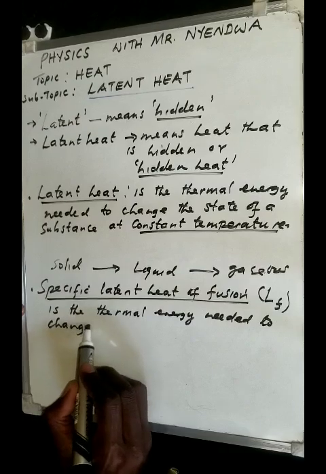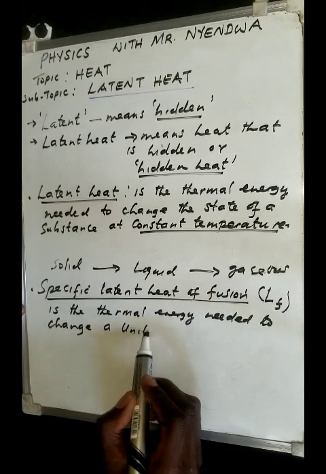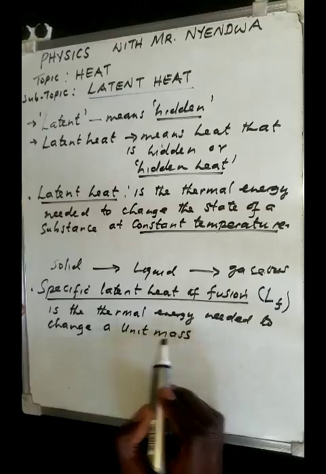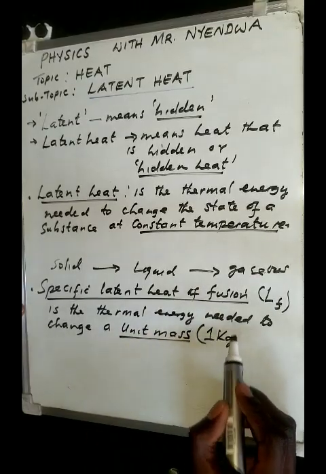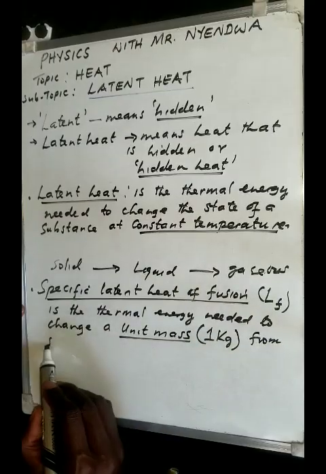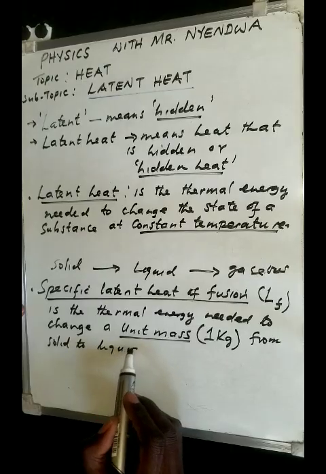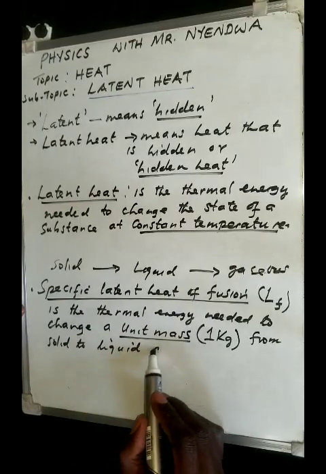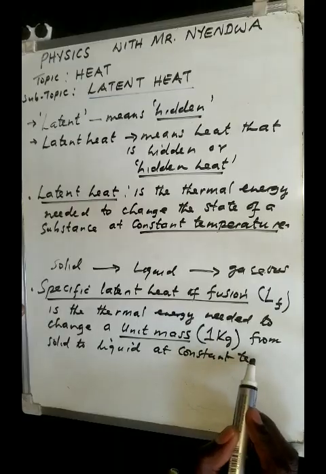So specific latent heat of fusion is the thermal energy needed to change a unit mass. Mark that word, a unit mass. When we say a unit mass, we mean a 1 kg mass, from solid to liquid at constant temperature.